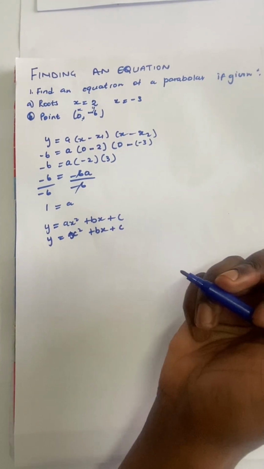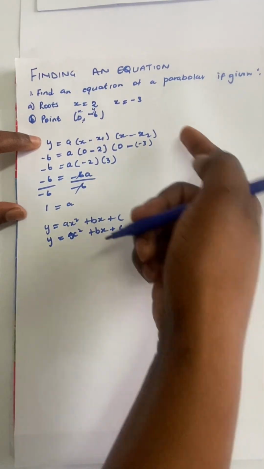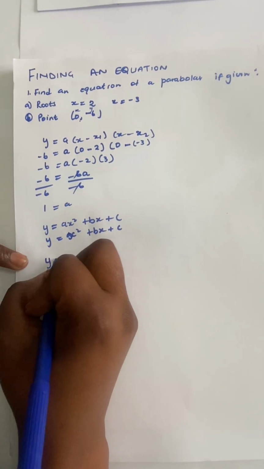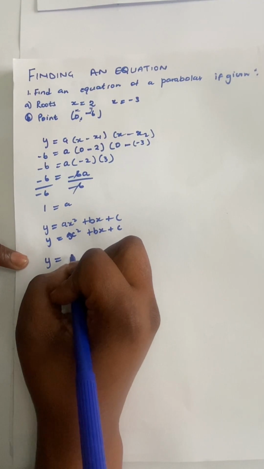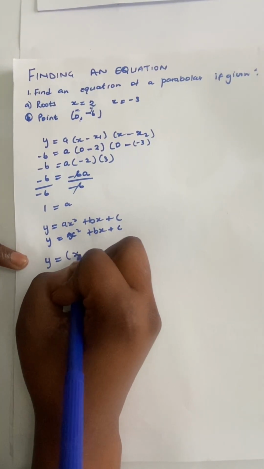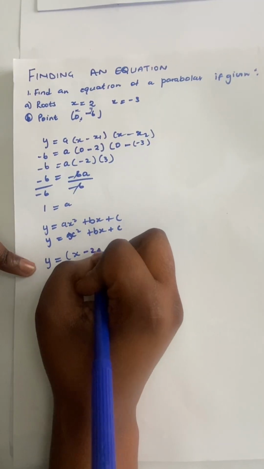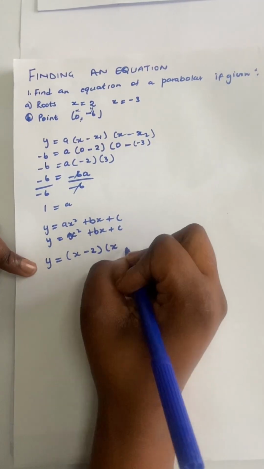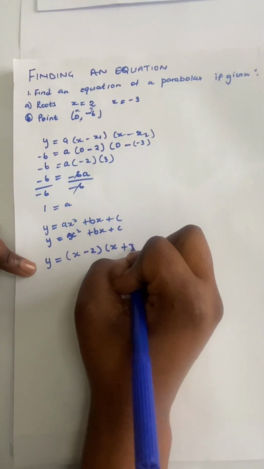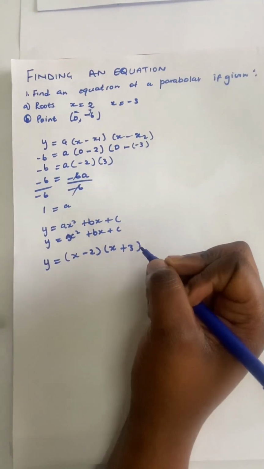How do you find b and c? You go back to your formula. y is equal to, you already have your a, which is 1, so we don't write 1, and then x minus 2 into x plus 3. Plus 3, it's a plus. Negative times a negative is a positive.